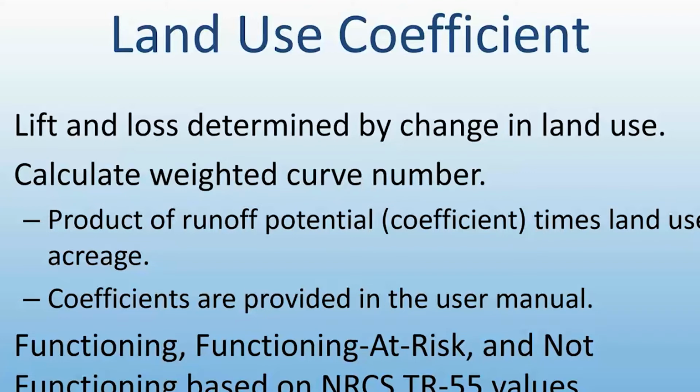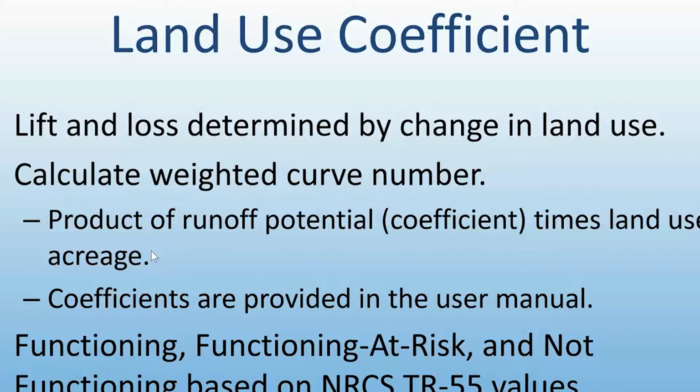The way we will capture that change is with what we call either a weighted curve number or a weighted land use coefficient. And so this calculation is the product of runoff potential, and that's a coefficient. It's a number. As that number increases, your runoff potential increases. And we're going to multiply that coefficient times the land use acreage.